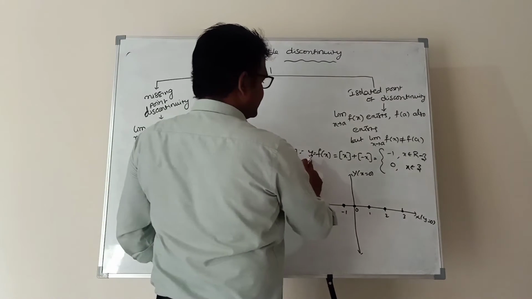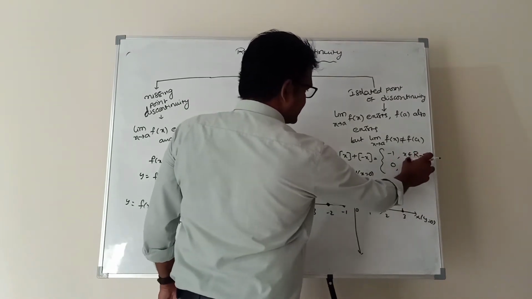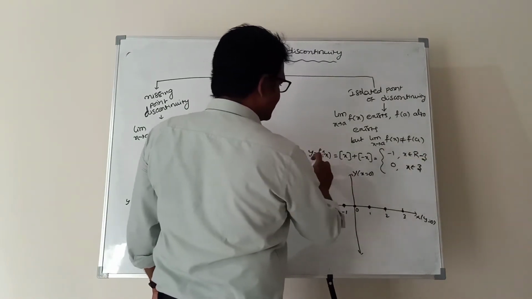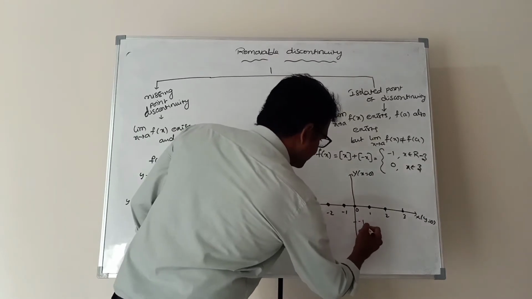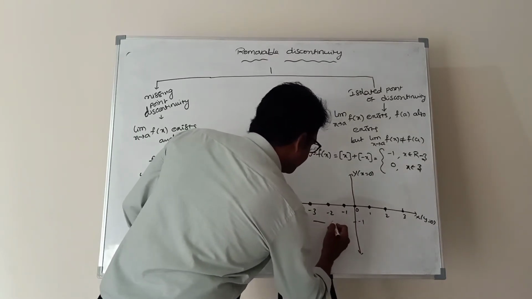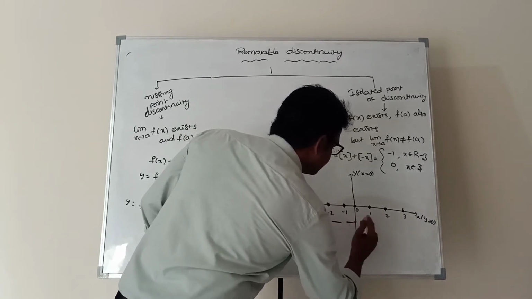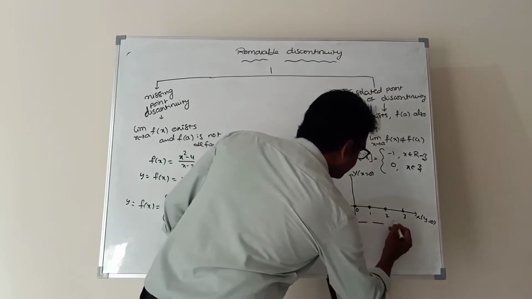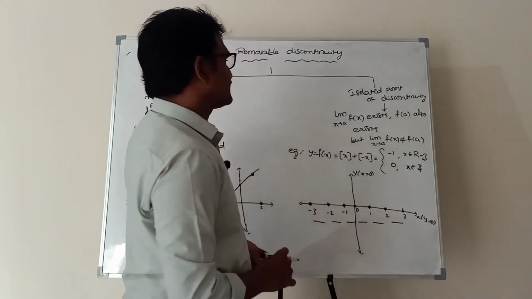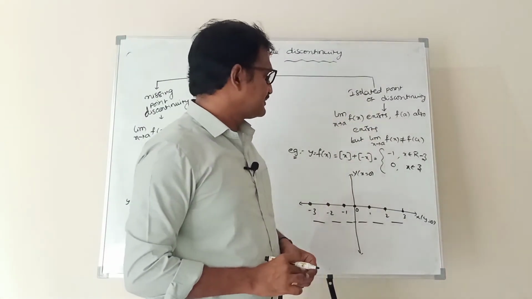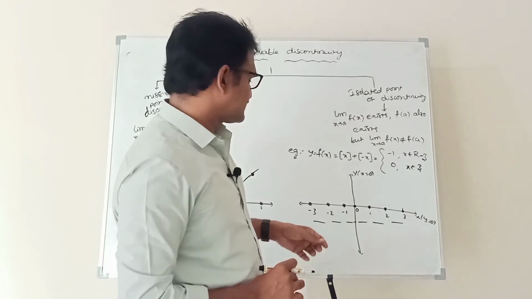Between two integers, R minus Z means between two integers, what is y value? Minus 1. So this is called an isolated point of discontinuity.